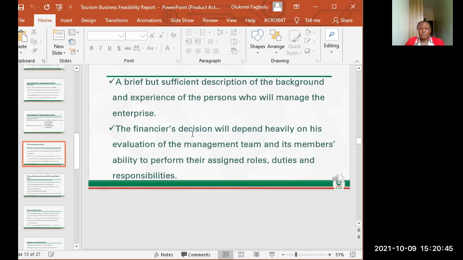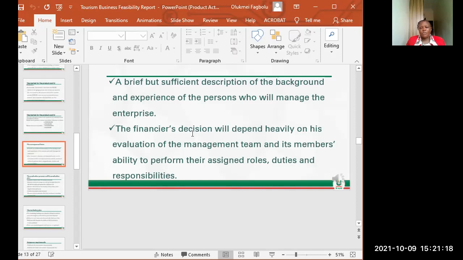It depends on the nature of the business. If it's a hotel, definitely we're going to have a board of directors, a managing director, departmental heads, sectional heads, and supervisors before you go to other levels. That is, we have top, middle, and lower level management team members.